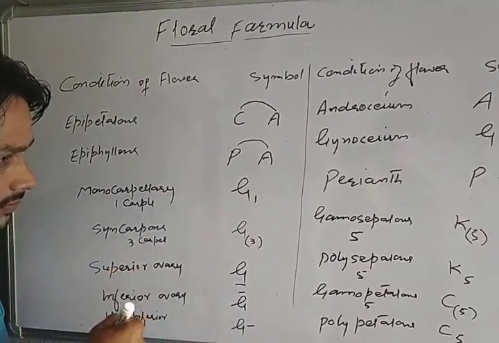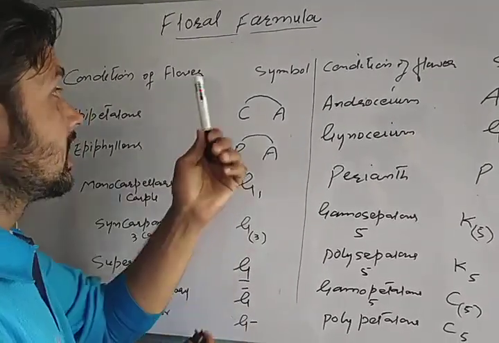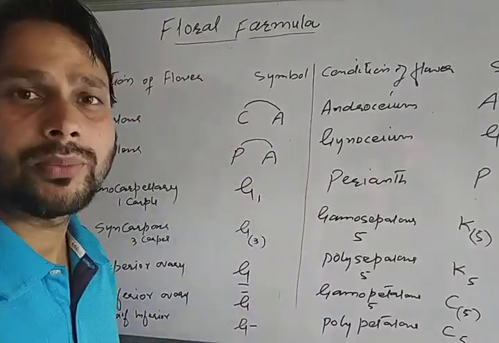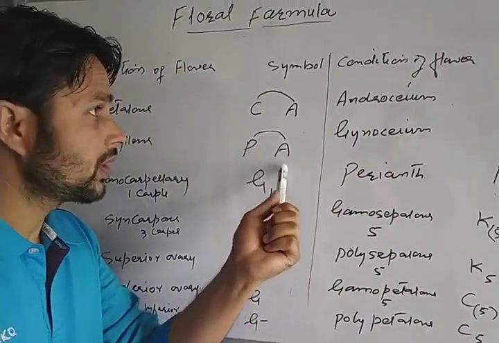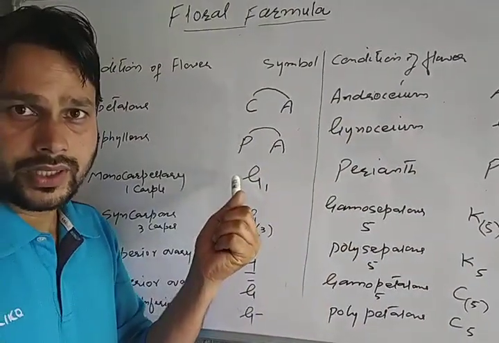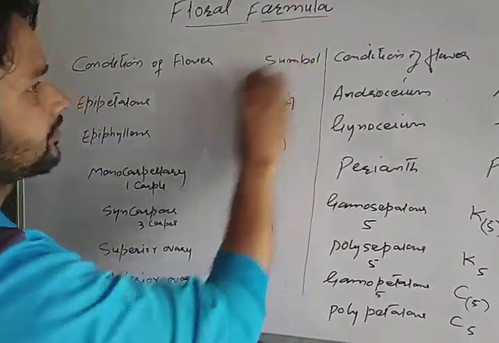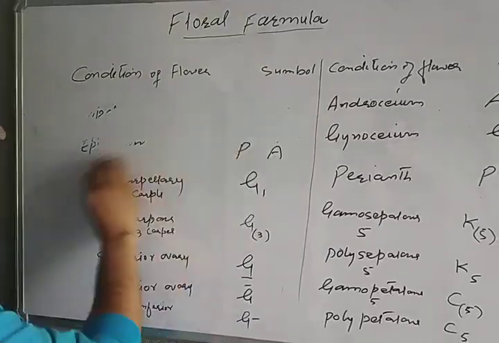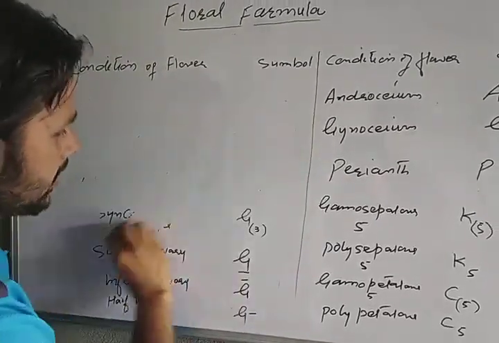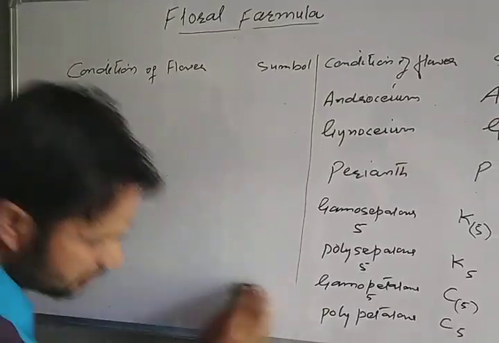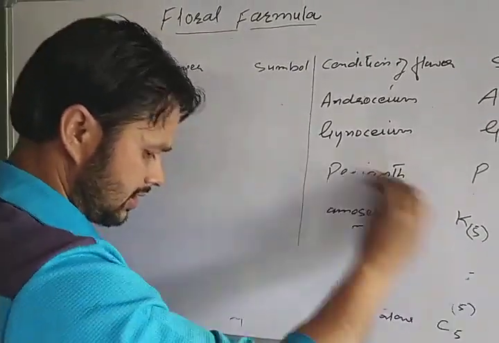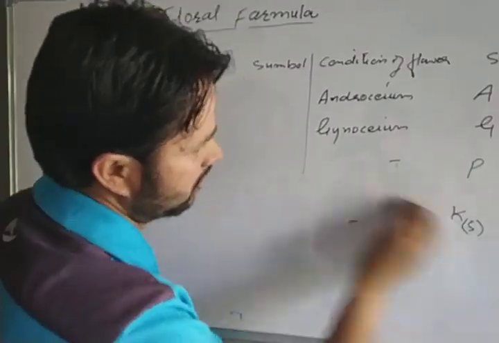Now I am going to explain these with the help of examples. We will take some examples and put these symbols in that very flower, in that very family. These are some basic conditions and symbols of flower.